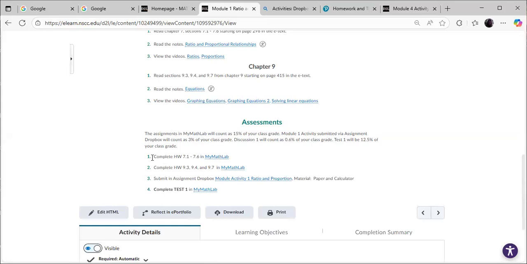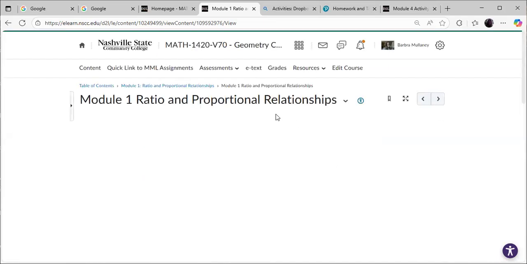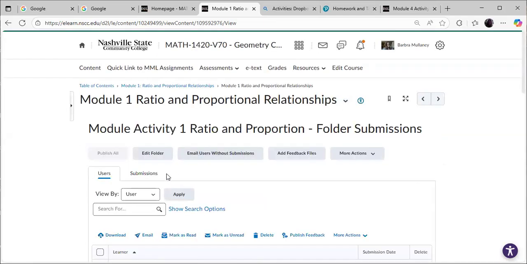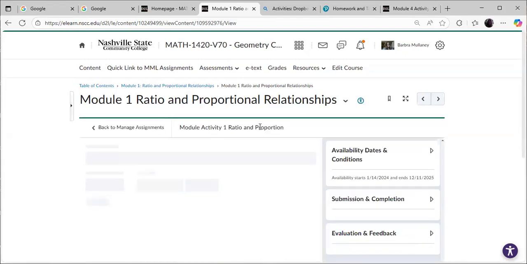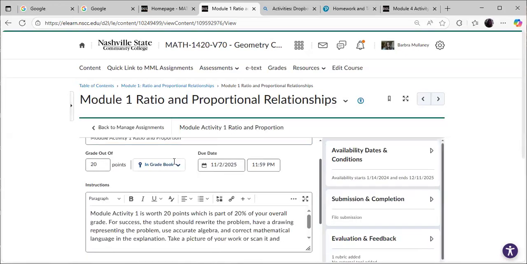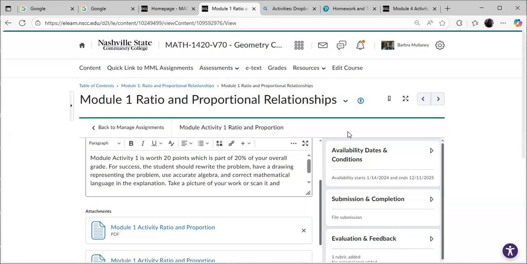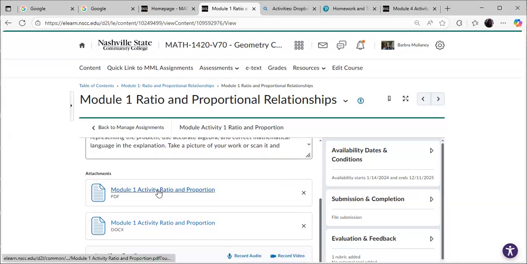And then you've got your homework in Mymathlab over chapters 7 and 9. And then your Dropbox activity. And so I'm going to go ahead and open the first Dropbox activity. Since it's due November 9th, I'm going to go over that with you.